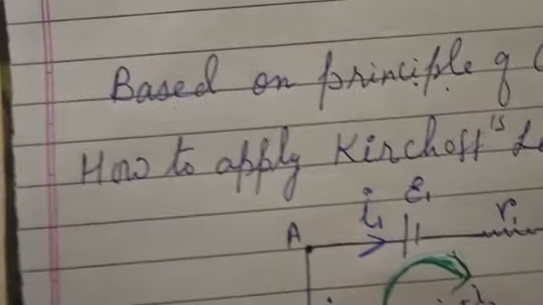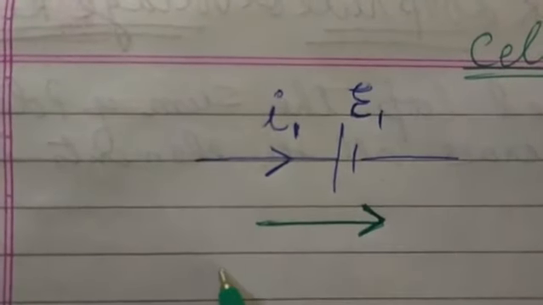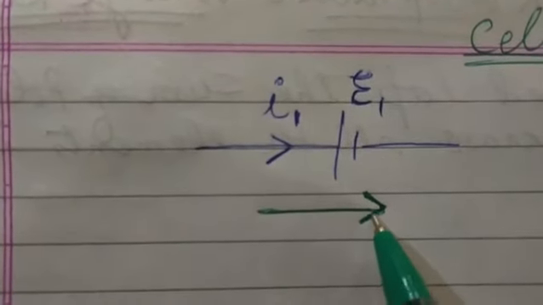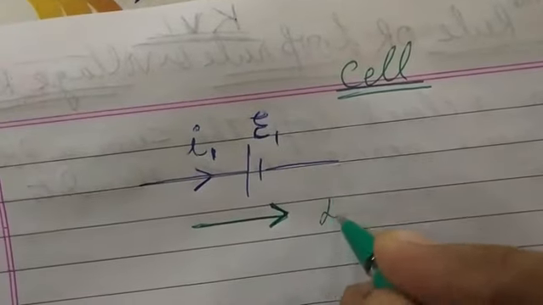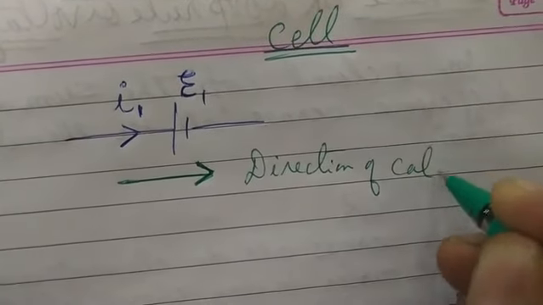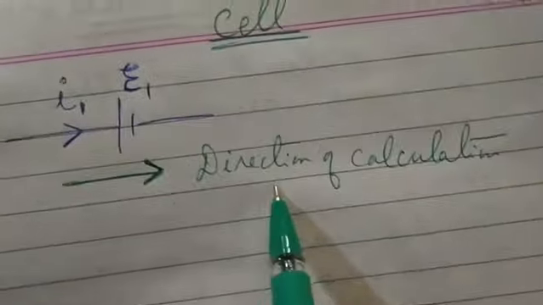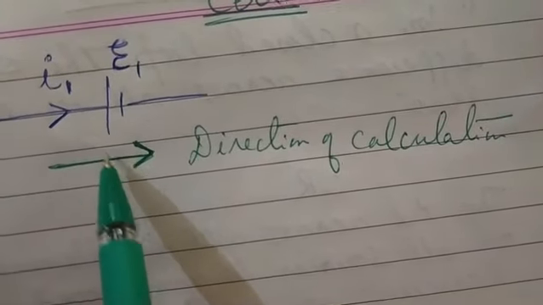Now I will just draw it separately, it will be clear. Look in the cell and remember this point. This is the direction of calculation, clockwise. We have taken clockwise like this. Now see the ending point of the direction of calculation in the cell.